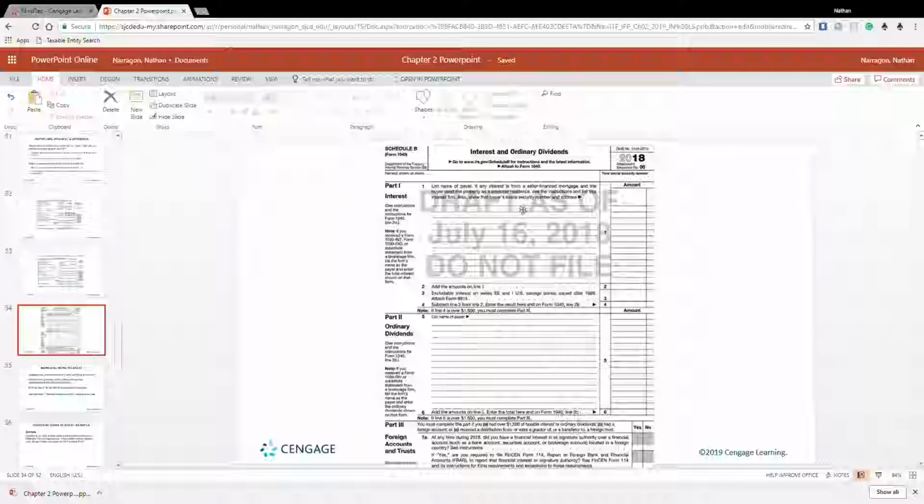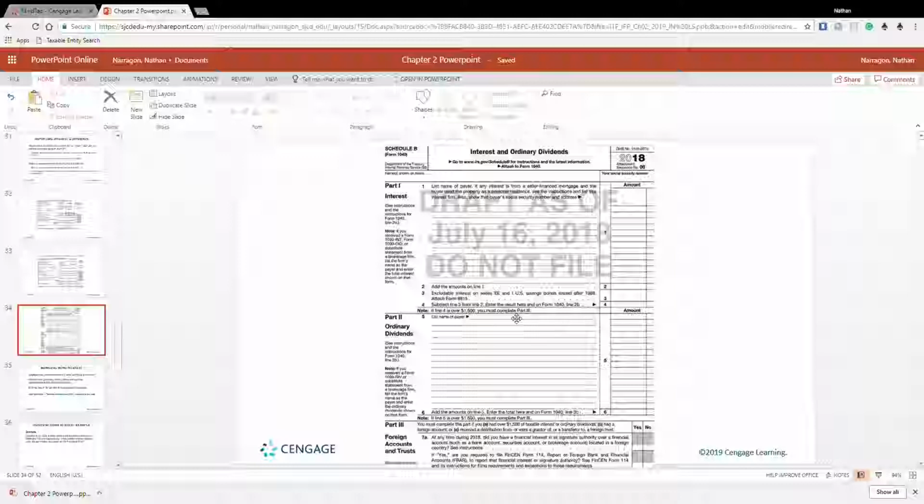So we would list the payer, put the interest amount, and the excluded interest on Series EE and I U.S. savings bonds will go right here. If there's any taxable, non-taxable interest, we take it from our interest. Here we put in our ordinary dividends. Again, just the ordinary ones. Qualified basically do not appear because it's a taxable thing.